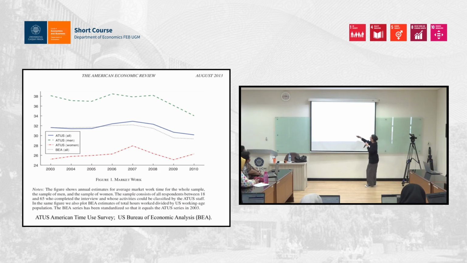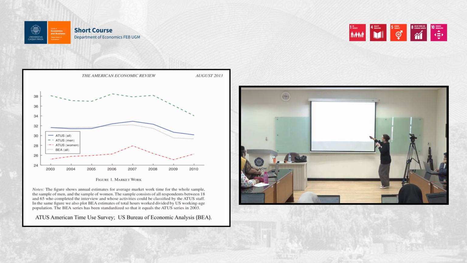So if you take the full population, the blue line comes from the American Time Use Survey, and this dotted line, which follows a very similar pattern, comes from the Bureau of Economic Analysis data. So they show that the American Time Use Survey is reliable to capture the decline in work hours related with the recession.